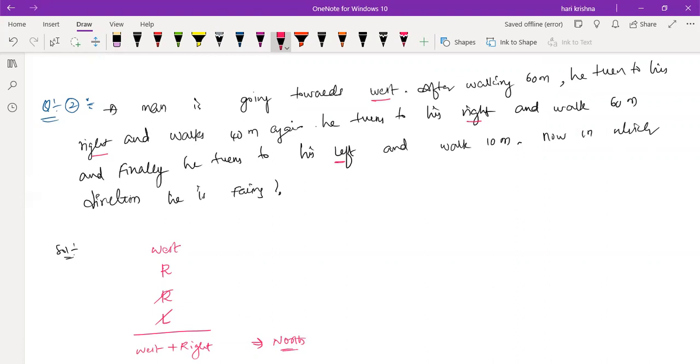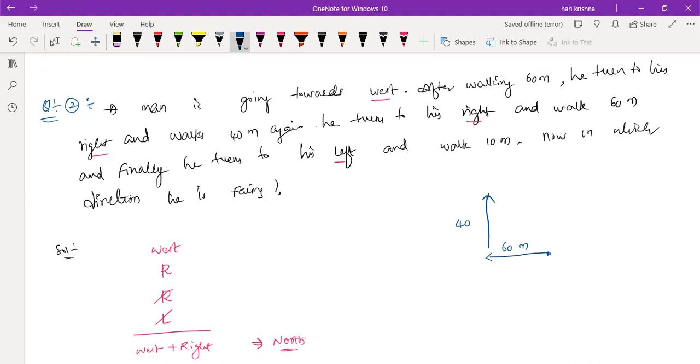Otherwise, if you do the conventional method, first he is traveling in the west direction, how many meters? 60 meters. He turns to his right. West direction, right means upside, and walks again 40 meters.